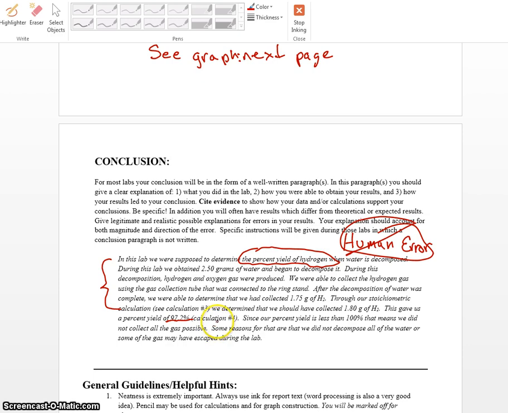So that's how you do your lab write-up. I would highly recommend that the first few times that you do this, you re-watch these videos to make sure, and certainly pay attention to any comments or corrections that are made on the labs that you have done.